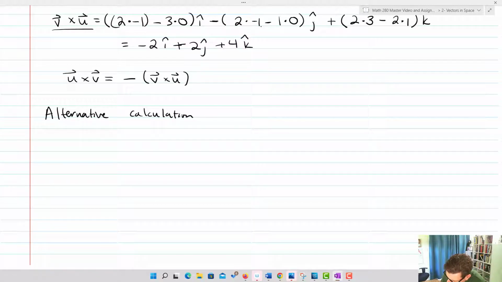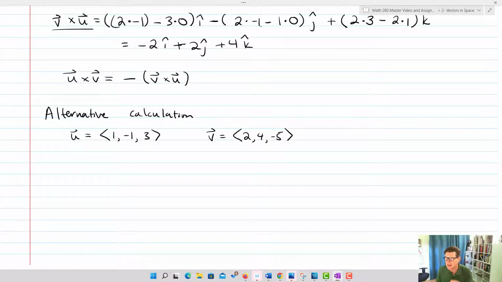So let's say, for example, I've got u equals 1, negative 1, 3, and v equals 2, 4, negative 5. What I'm going to do is set up something called a matrix. Across the top, it'll have i, j, and k.